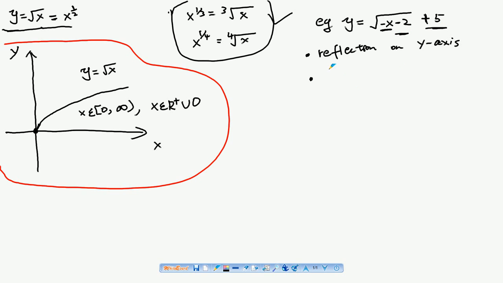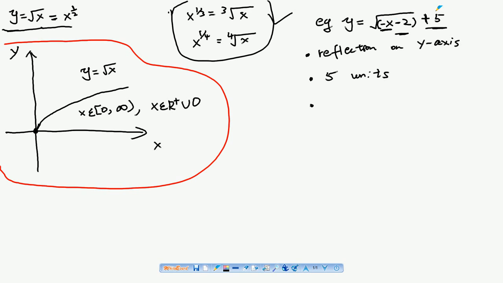It will be moved 5 units up, and there's a horizontal translation. To find the horizontal translation, we have to make whatever is in the bracket equal to 0. If there's no bracket here, we can always put the bracket around x. We only put the bracket around x.